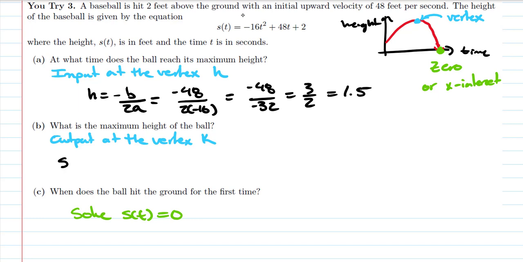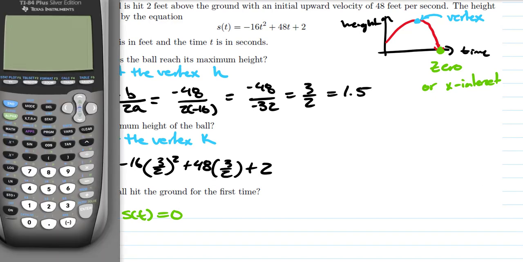Then for the next part, we put our 3 over 2 into our function: negative 16 times 3 over 2 squared plus 48 times 3 over 2 plus 2.